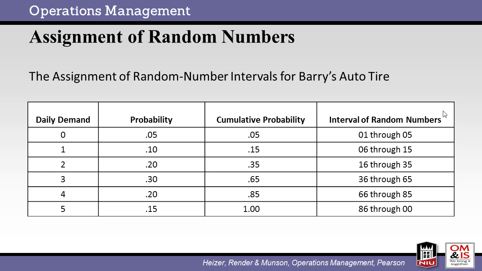For the first cumulative probability of 0.05, we define the interval of random numbers as 01 through 05, with the top number matching the cumulative probability multiplied by 100. For the next demand level, we start with the next number up, 06, and go to the next cumulative probability of 0.15 for a range of 06 to 15. We continue until all demand levels are completed.